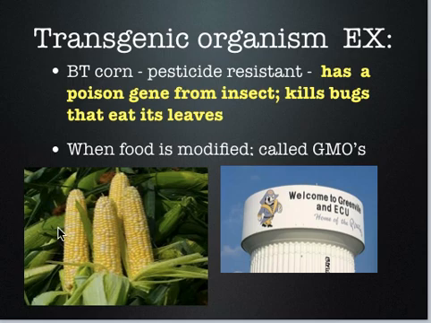Now, it's important to note that humans don't directly eat BT corn. BT corn is what we call feed corn. That's what you give your horses and your pigs and your cows. Humans can't eat it. It's that really hard stuff. But we do make this in Pitt County, and it is an example of a transgenic organism.